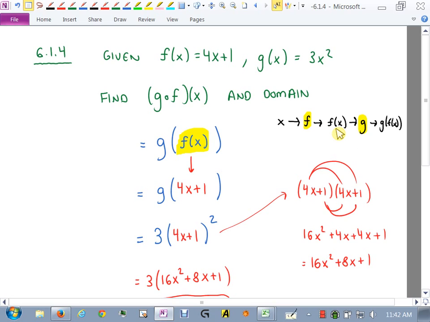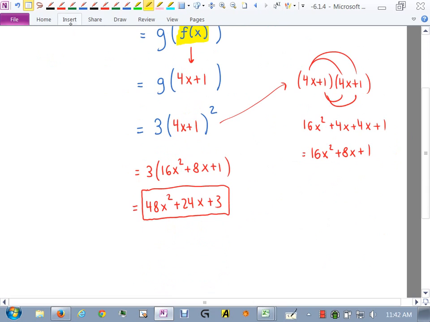All right, so there are no restrictions passing through this string of functions, right? So therefore, our domain here is all real numbers, everything. Yep, interval notation.